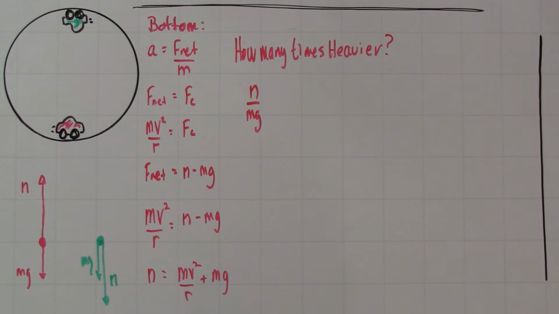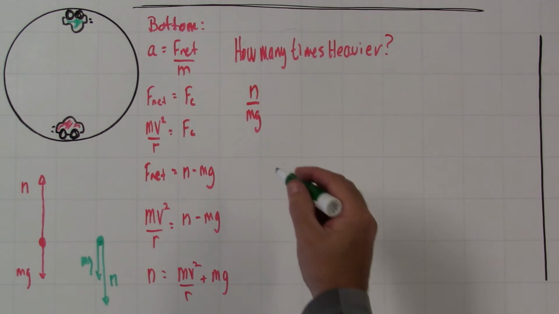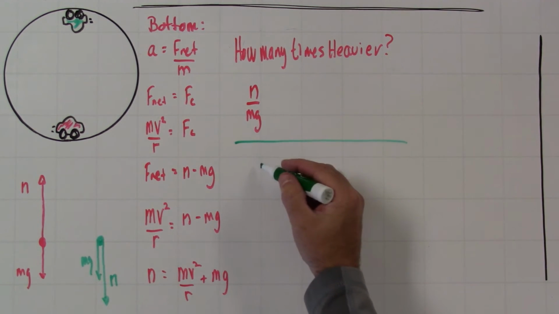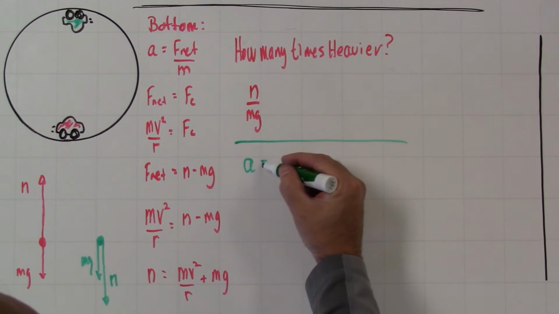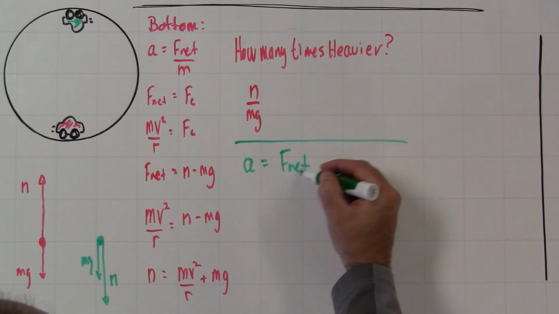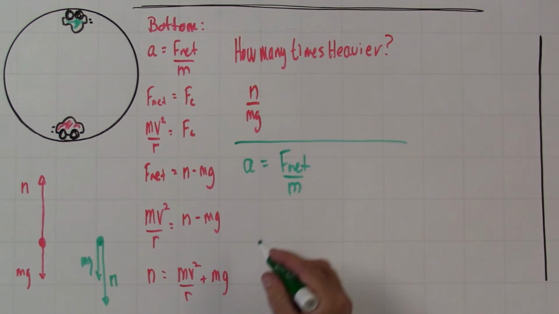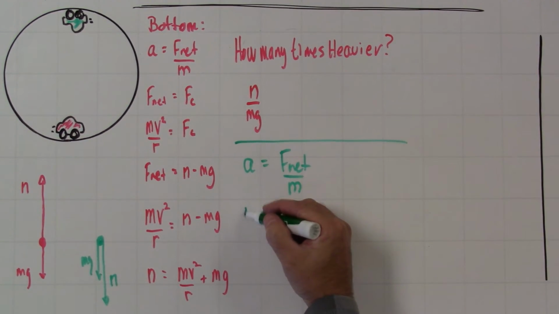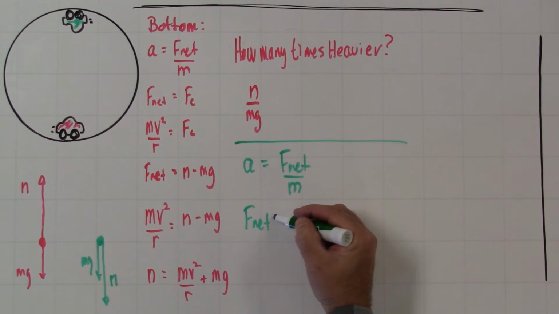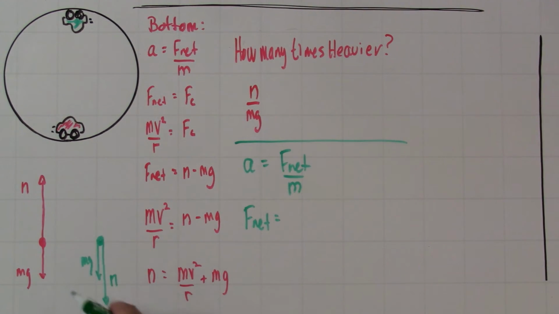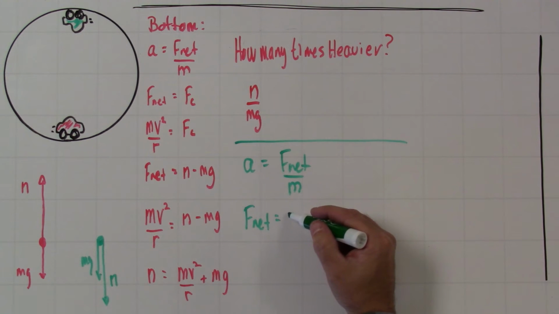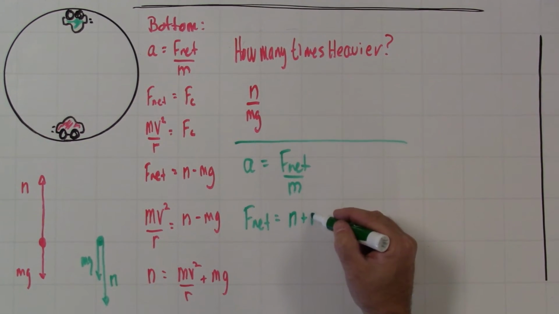We can continue this idea to try to figure out how the rider feels when he's upside down. So let's take the green one. If I start with the same process, that the acceleration is equal to the net force over the mass. If I express the net force this time, the net force on the rider when he's at the top, this time it's equal to the N plus the mg.